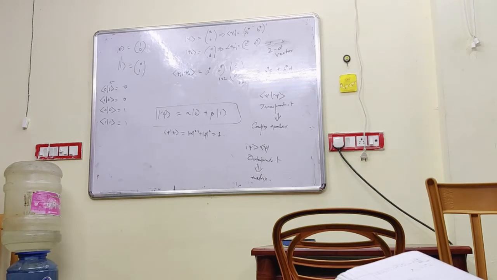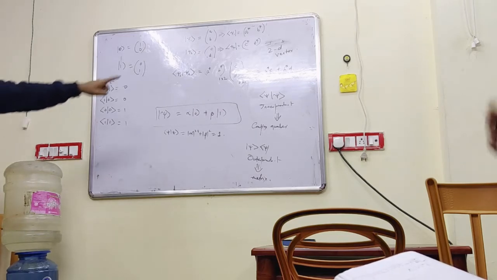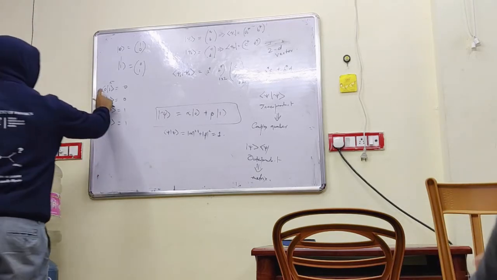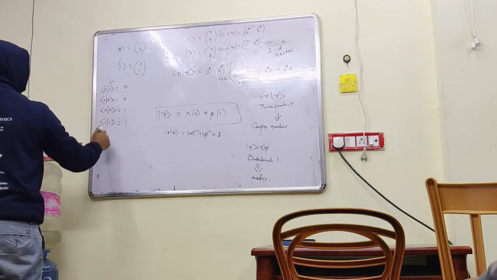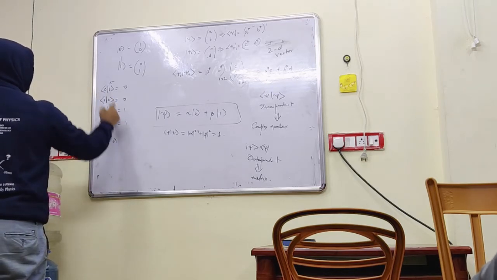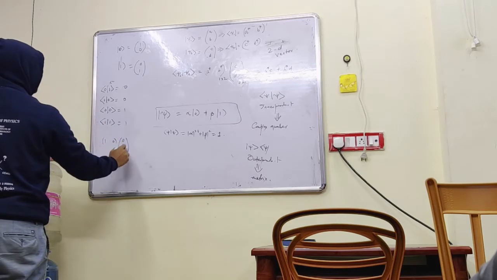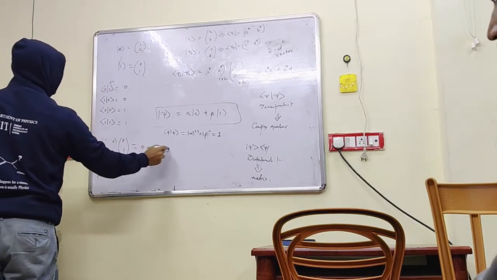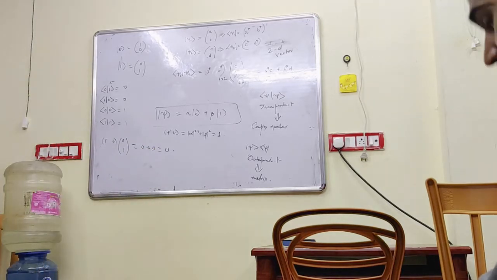Let's try to get them by that formula. 0 bra is what? [1 0]. This is 0 ket, [1 0] times [1 0] gives 1. Do the rest 3 quickly.